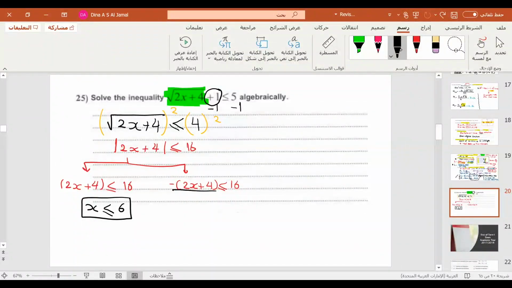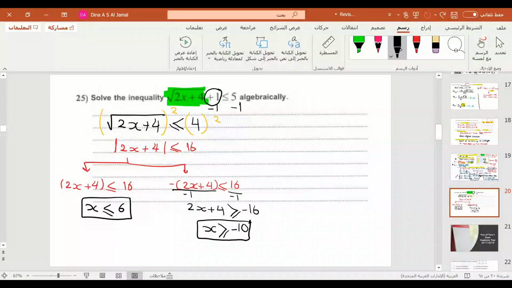Then here divide by minus, you will be having 2x plus 4, and the sign will be changed. It will be minus 16, and your x will be directly as x bigger than or equal minus 10.